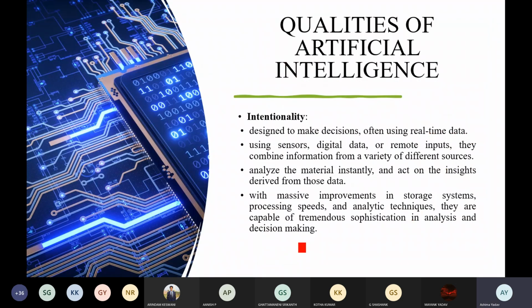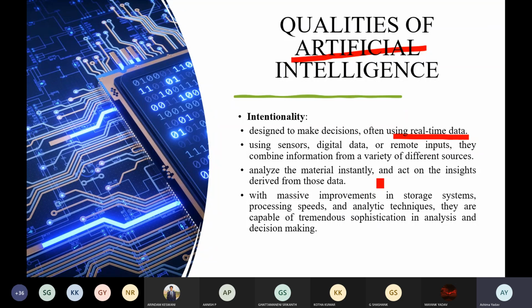Now comes the qualities of AI. So one such quality of AI is the intentionality in the AI system. So intentionality means the power to do something, or the power to make some decisions. So AI systems, they are able to make decisions using the real-time data, and they can use the sensors, the input, to gather the data from different sources.